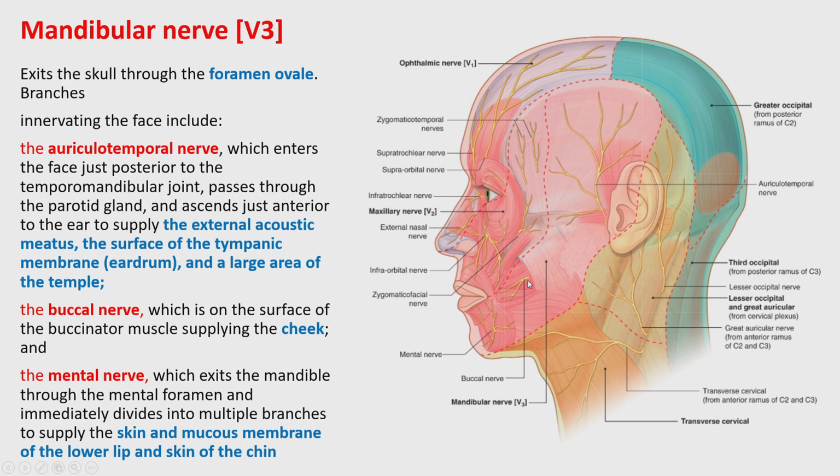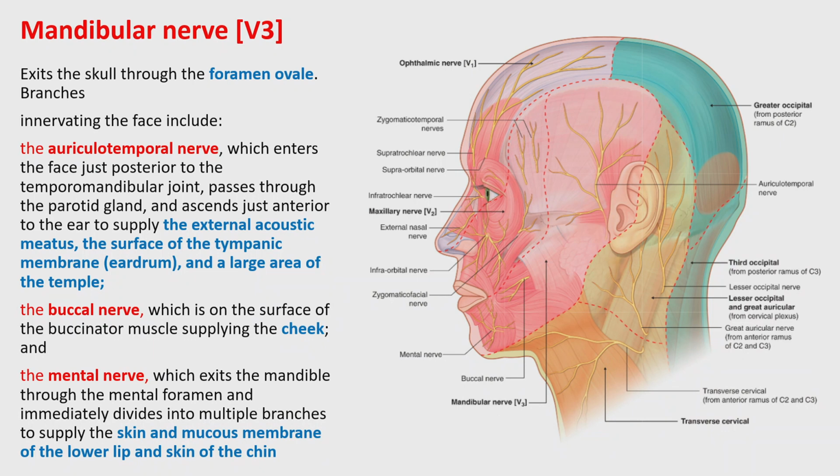I mentioned it in the lecture, but once more I emphasize it. The buccal nerve, which is a branch of the mandibular nerve, is a pure sensitive nerve. It means it is responsible just for the sensitive innervation of the skin of the buccal region and the mucous membrane of the buccal region.